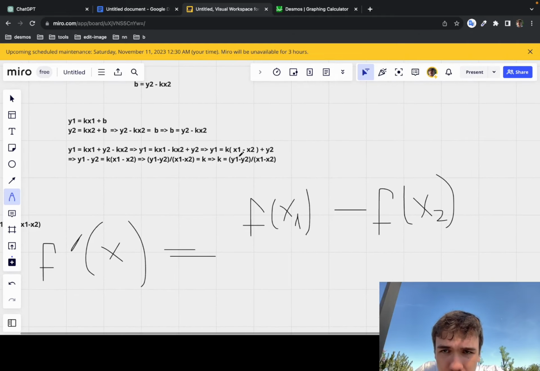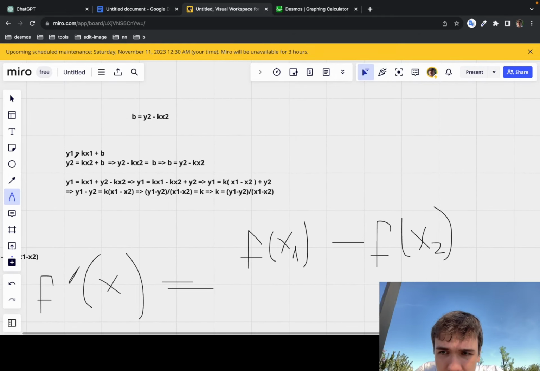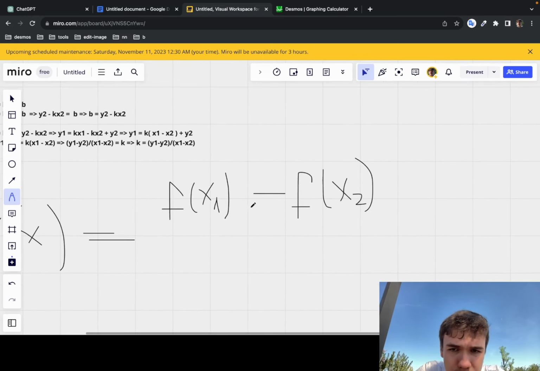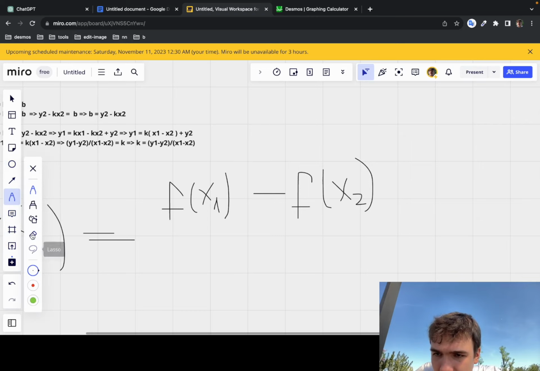But we made it from the second one, not from the first one, and this is the reason why we changed them a bit. So let's say, for the sake of simplicity, that this is actually it. Let me find the eraser. Basically it will be the same thing, because we just get the minus and it's going to be positive, but we don't want to do this, so we make it positive at first.